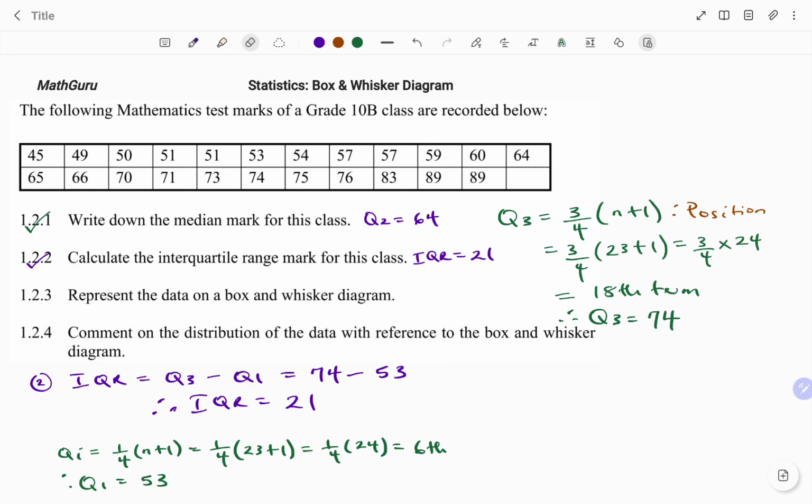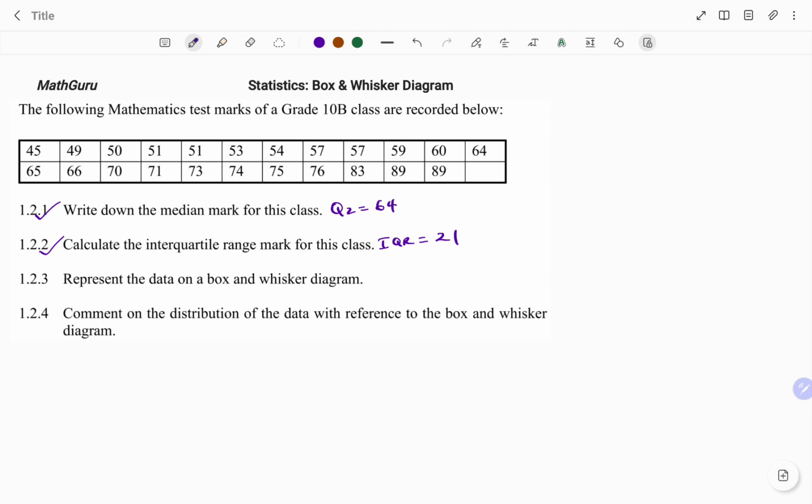Going to the third part of the question, I have to represent the data on a box and whisker diagram. In order to draw a box and whisker diagram, I need my 5-number summary. What do I mean by my 5-number summary? Those are the points that will be reflected on my box and whisker. The 5-number summary values are: 1.